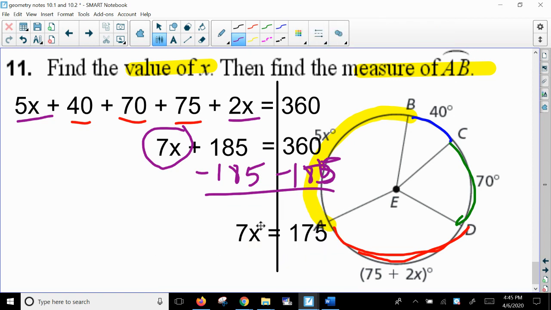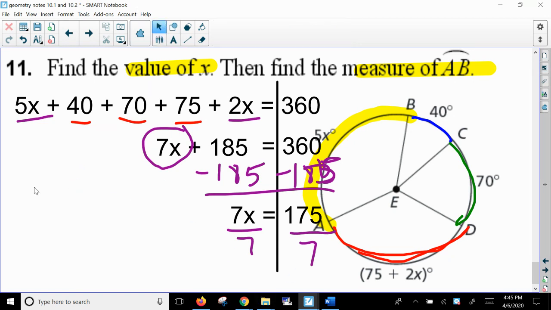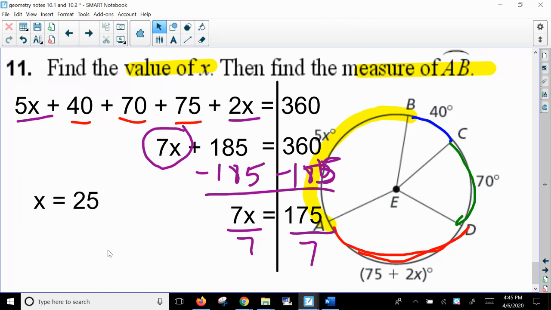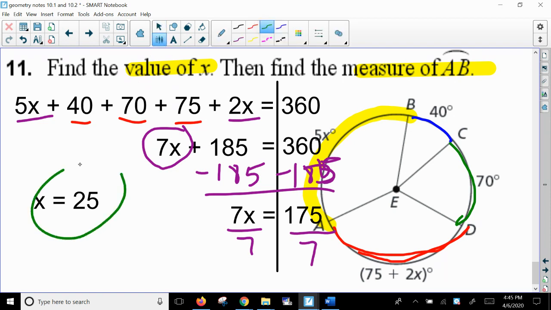175. Okay, 7x equals 175. So now I have to divide each side by whatever you see in front of the x. So let's divide by 7. Whatever you do to one side, do it to the other. Once you divide, you're going to get x equals 25. Now that I know x is 25, it says find the measure of AB.